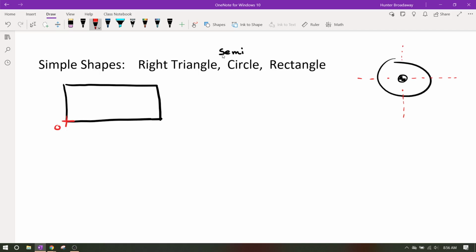In math, we call it an origin. And in engineering, we're just going to call it a reference location. So this reference location is where we're going to locate the centroid. And the rectangle has the same cheat that we can use. It's symmetric. So if you were to cut the rectangle in half on the y-axis, then this has to have the same amount of stuff on the left and the right-hand side.